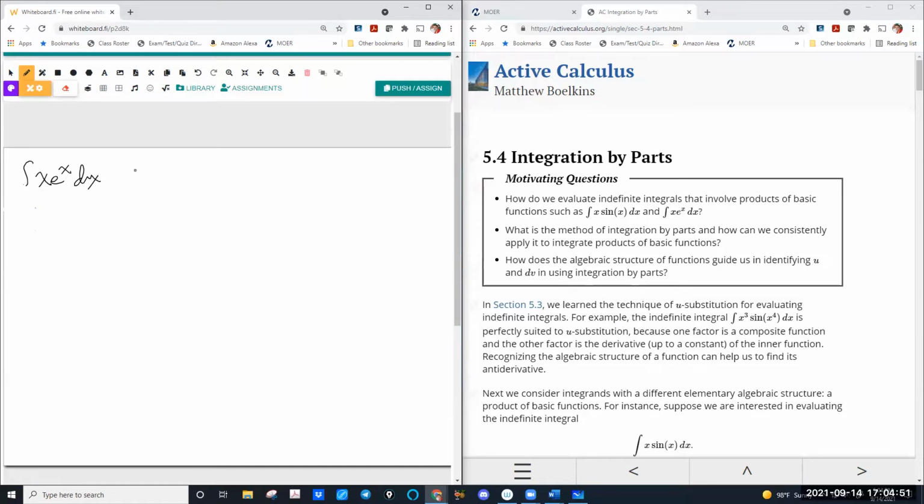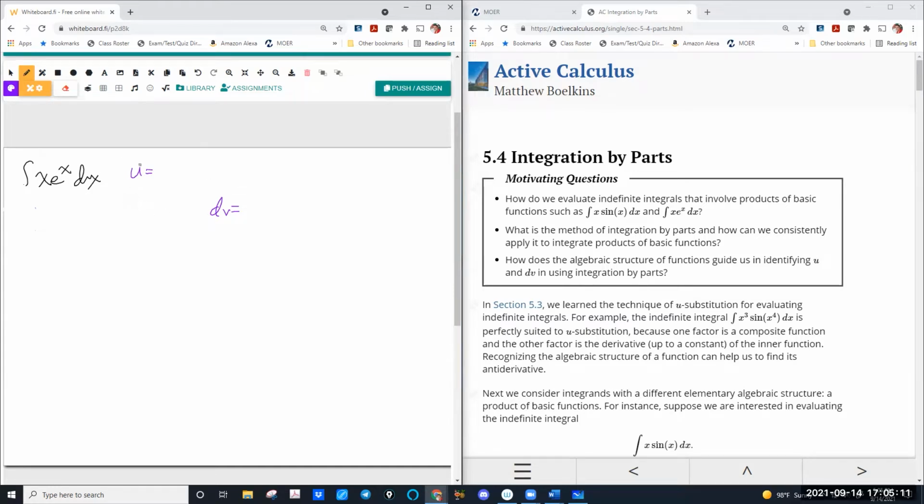Now, with integration by parts, we use the entire integral. We're going to let one piece of it be u and one piece of it be dv. These are the guys we get to choose. After we choose those, we're going to calculate du, which I'll put here, and v.